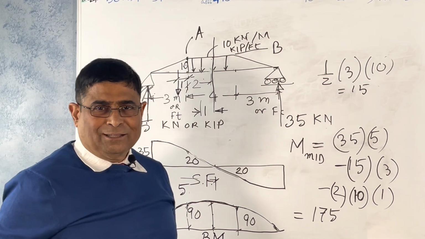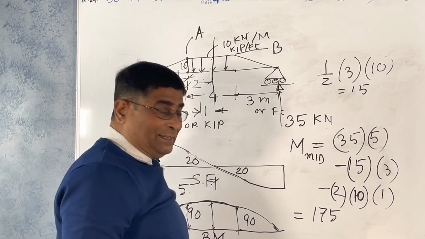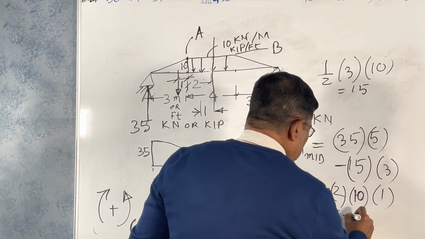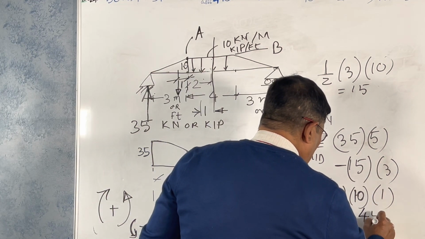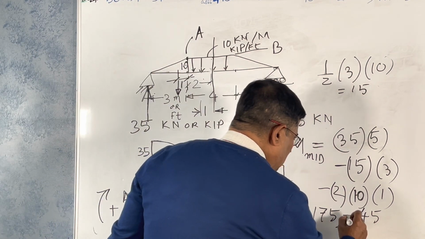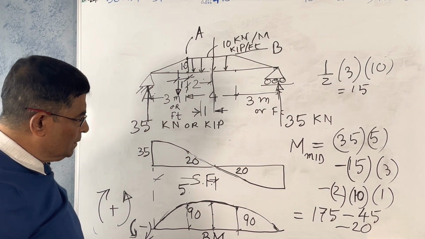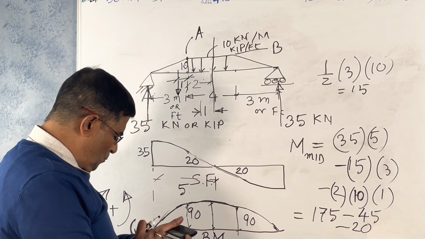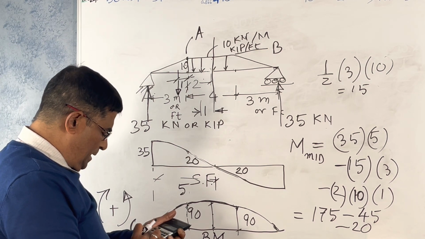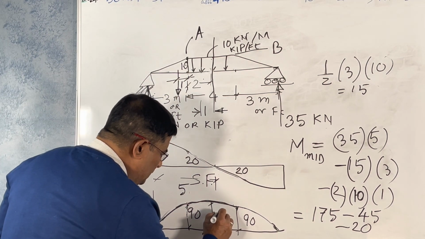You become accustomed to the calculator. So 35 times 5 is 175, minus 45, which is 15 times 3, minus 20. The moment is 175 minus 45 minus 20, 110. So this value is 110.